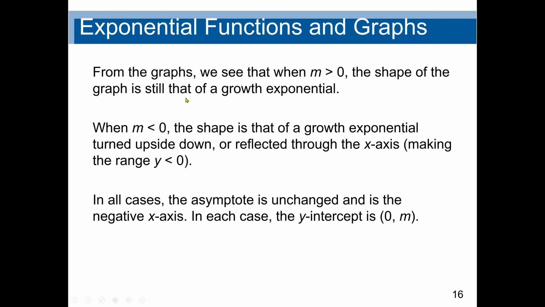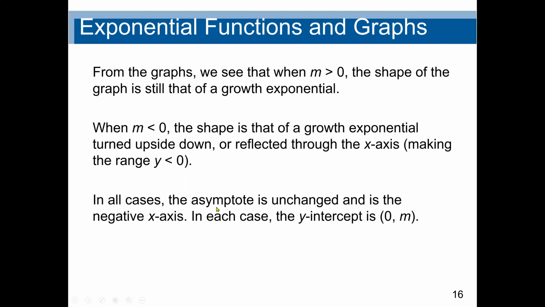Now from the graphs we saw that, again, if m is greater than 0, then the shape of the graph is still that of a growth function. But when m was less than 0, the shape is that of a growth function turned upside down, or reflected through the x-axis, making the values of y less than 0.